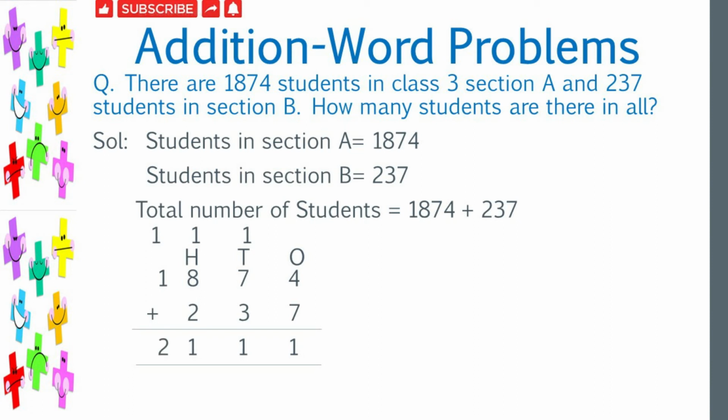So our final answer is 2111. But children, we should not leave the answer just by adding these numbers. We should also write the answer statement. So our statement will be, there are 2111 students in the school.